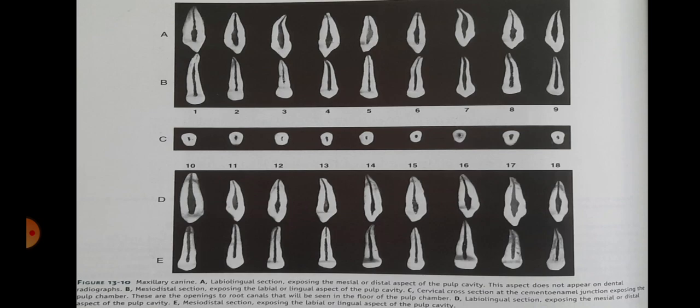In picture A, the labiolingual section exposes the mesial or distal aspect of the pulp cavity. This aspect does not appear on dental radiographs.